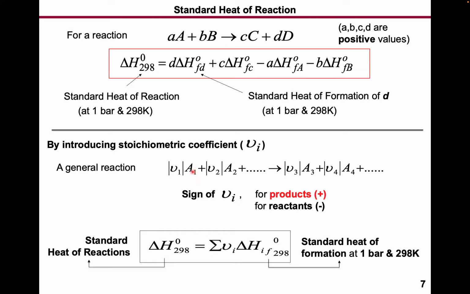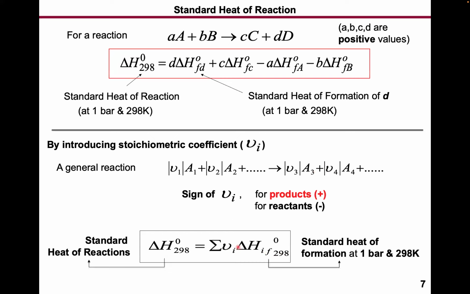So this is A1, A2, for specific species. And then this VI is the stoichiometry coefficient associated with that particular I, right? For A1 it is V1, and for A2 it is V2, and for A3 it is V3.